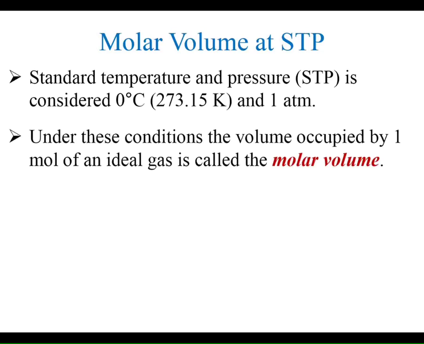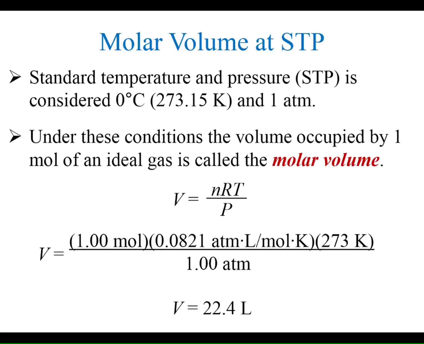So whenever you see things are at STP, that's what it means: 273 Kelvin, 1 atmosphere. Now, if you were to solve the ideal gas law, PV equals nRT, at these conditions, and find out what the volume is if n is 1 mole, temperature is 273, pressure is 1 atmosphere, you would figure out it is 22.4 liters.